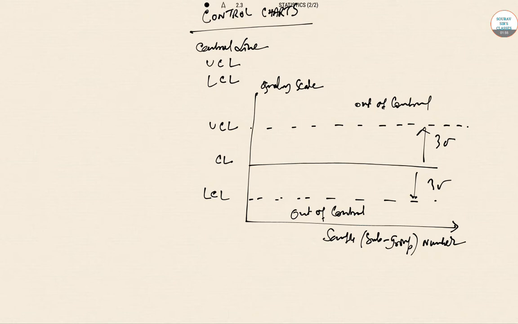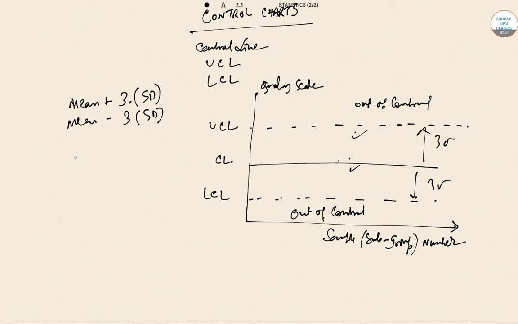The horizontal lines, here like this, are the central line representing the average of the samples plotted on the chart, and the line above the central line shows the upper control limit, UCL, which is commonly obtained by adding 3 sigmas to the average. 3 sigmas means mean plus 3 into standard deviation, and for the lower part, mean minus 3 into standard deviation. So this is the total structure.